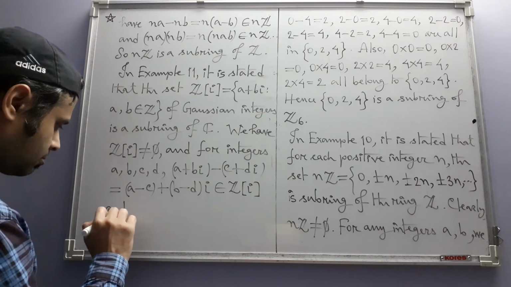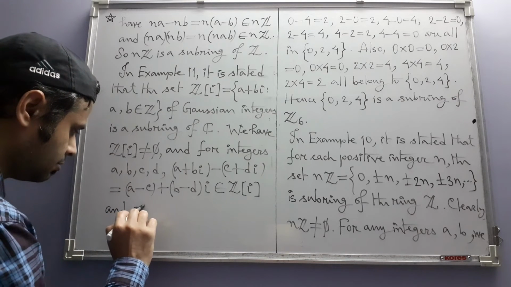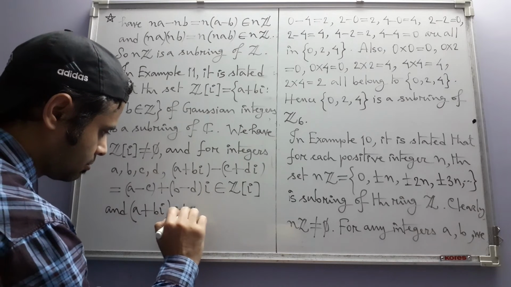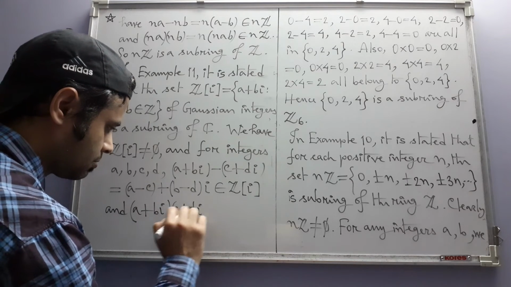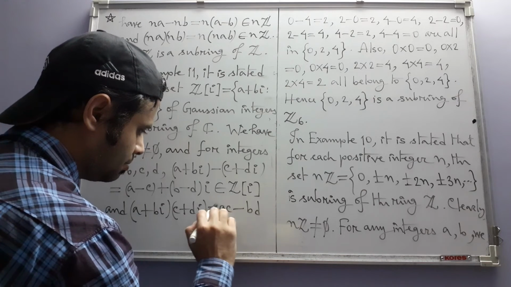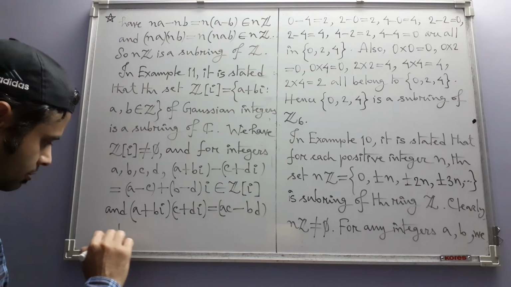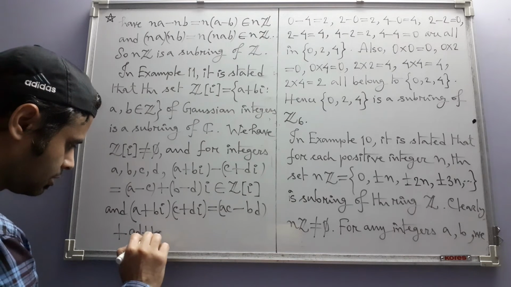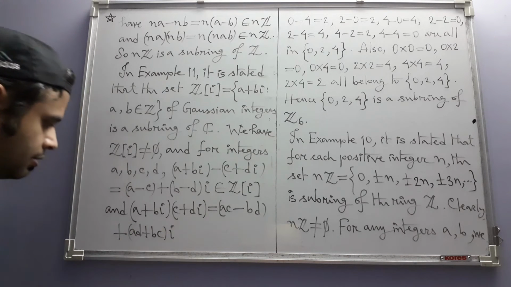And what do we get when we multiply them? (ac minus bd) plus (ad plus bc) times i.